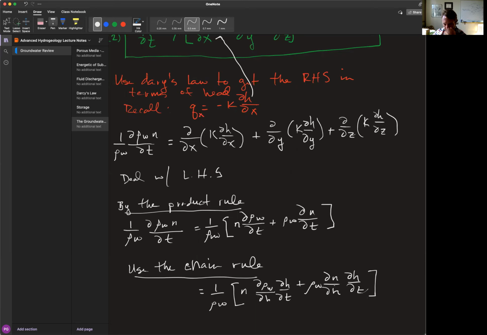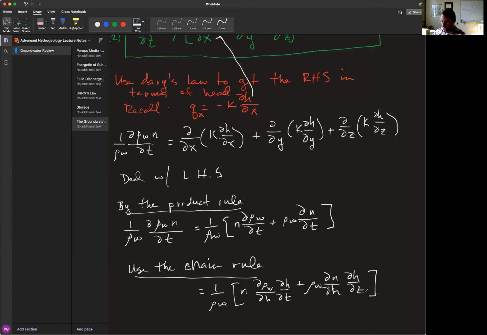Conversely, I might increase my head a little bit, increase the fluid pressure, and I might expand my porosity, right? So this is the change in density and change in porosity as a function of the head. Well, the head we can equate to pressure, which we're going to do here in a sec. And all of a sudden we're thinking about those terms of storage that we talked about, compressibility of water and compressibility of the porous media.